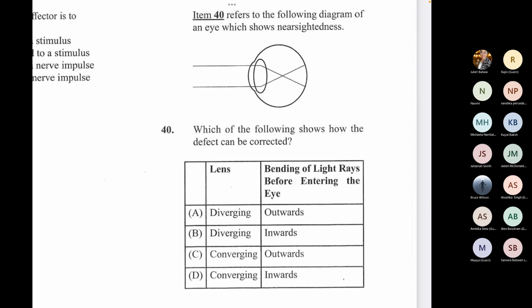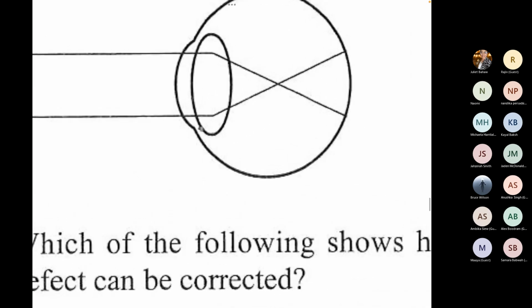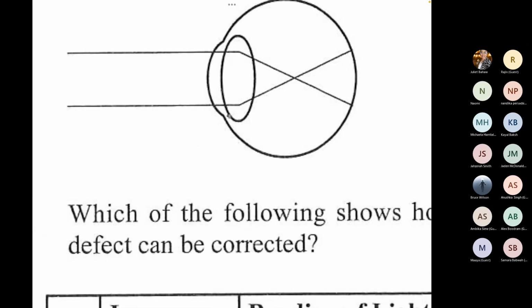So the light has to bend, instead of overly refracting as it did here. The concave lens has to diverge it and make the light rays open back, so it has to go outwards. So instead of this kind of X-like appearance, it has to open back out.